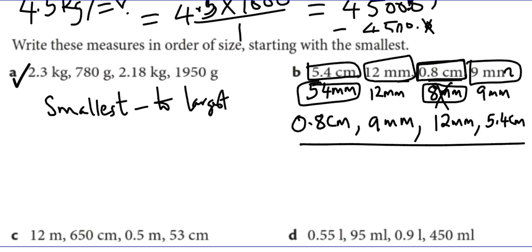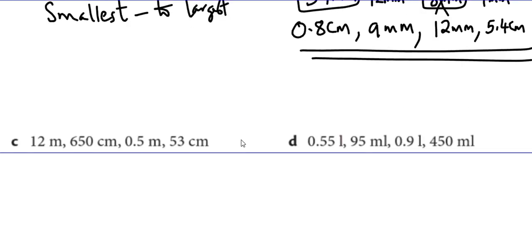So this is the end of the solution. Let's go to part C. We have 12 meters, 650 centimeters, 0.5 meter, 53 centimeters.